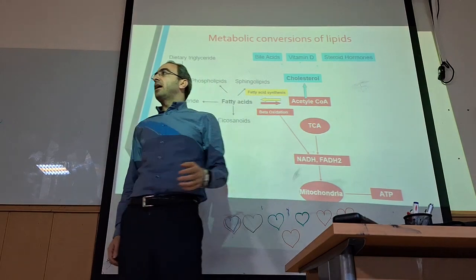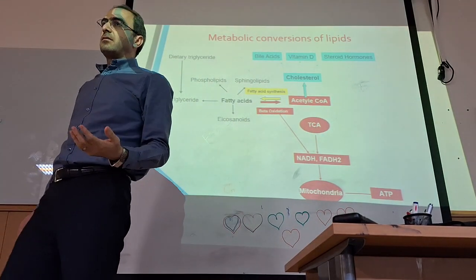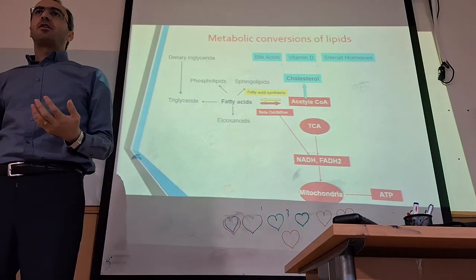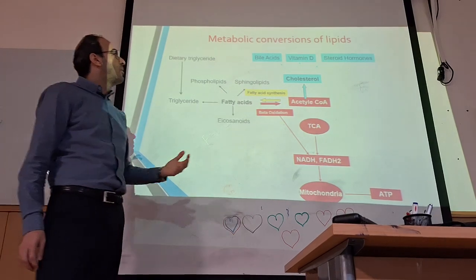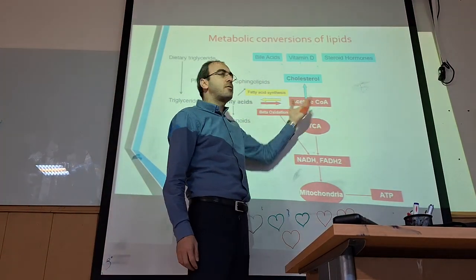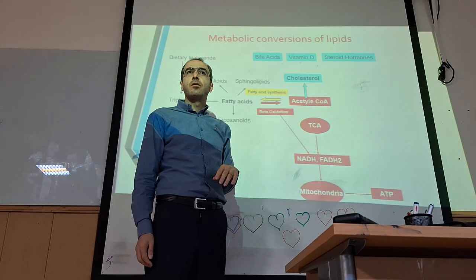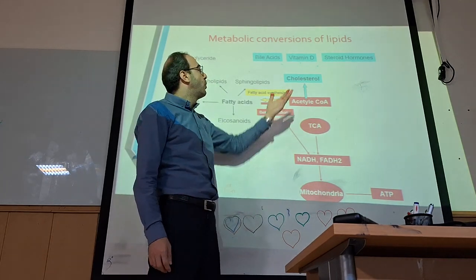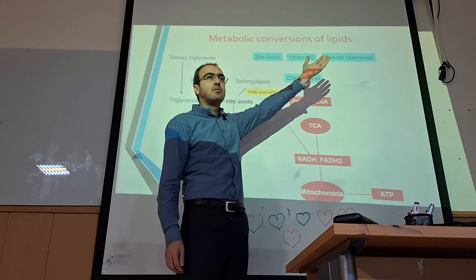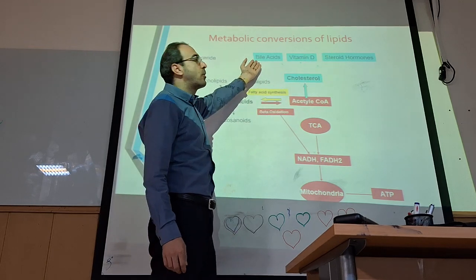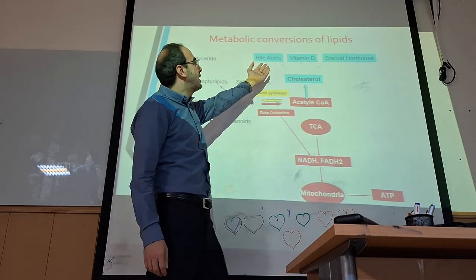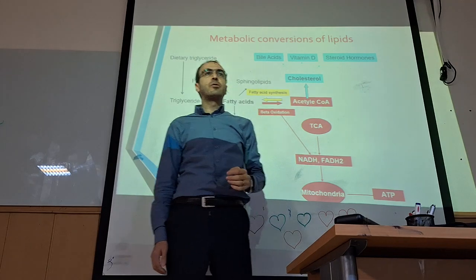Also, cholesterol, as another type of lipid, can be synthesized from acetyl-CoA. And from cholesterol, we can make other molecules like vitamin D, like bile acid, and like steroid hormones.